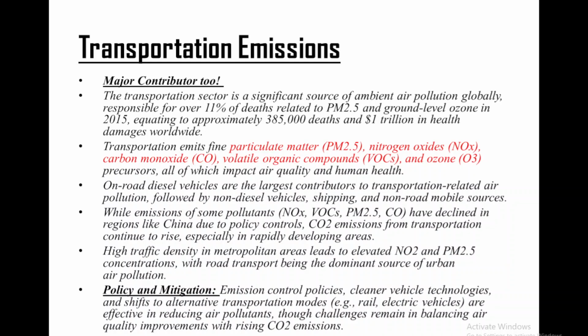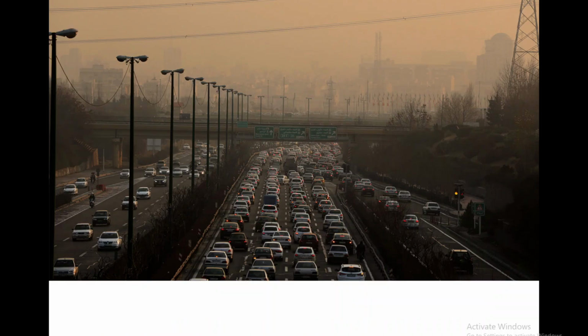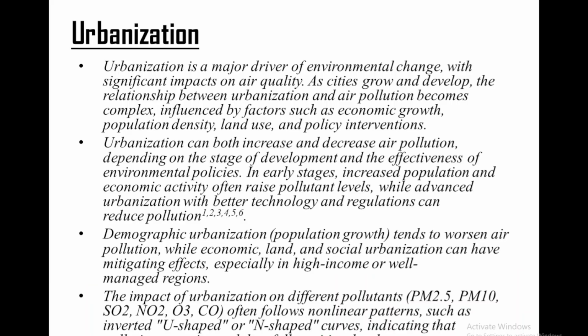These emissions not only contribute to local health hazards but also play a role in regional and global climate change, particularly due to black carbon and ozone precursors. Following this section, we will explore how urbanization and its associated land use changes interplay with these emissions to shape broader pollution control.